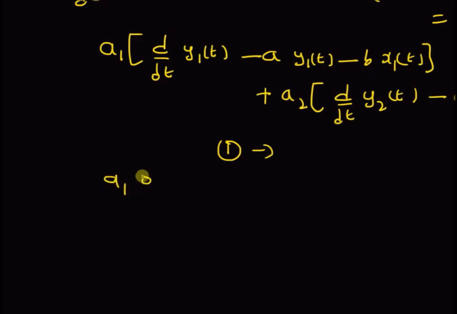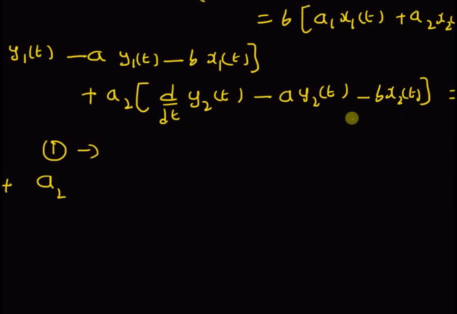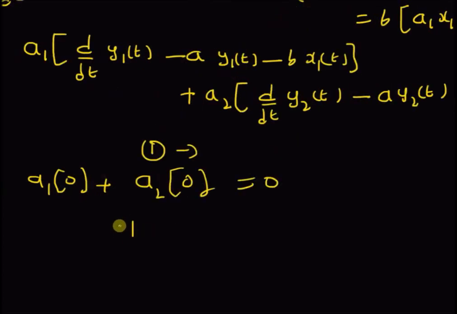Therefore we have a1 times 0. Similarly, for the input x2 of t and the corresponding output y2 of t, equation 1 is satisfied, so this is also equal to 0, and we have a2 times 0. Thus, the system represented by equation 1 is linear.